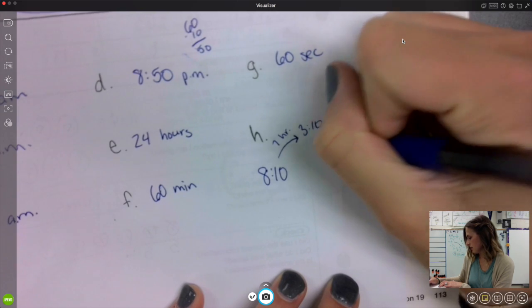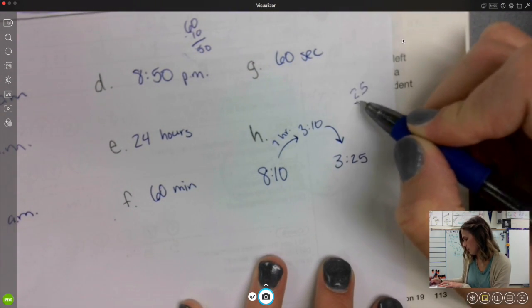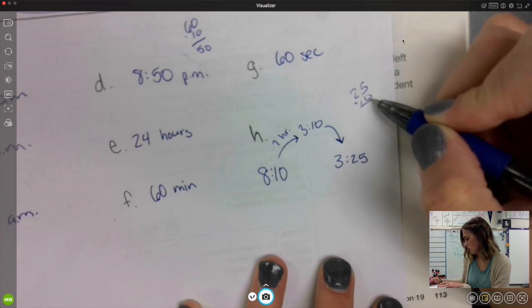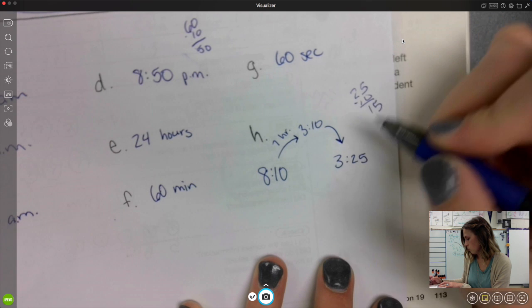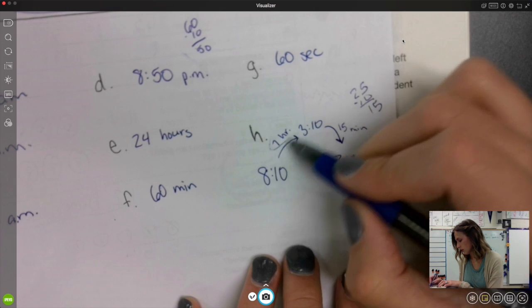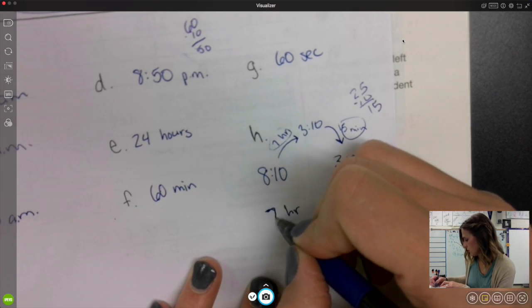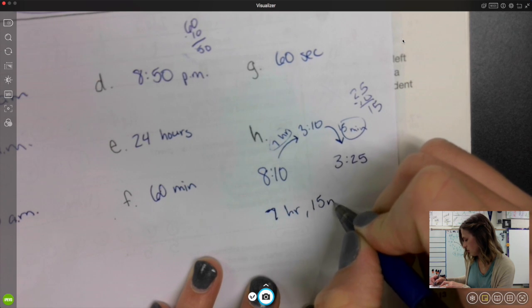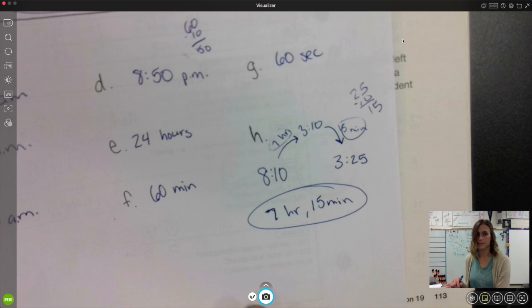And then how many minutes is it from 3:10 to 3:25? Well, if I do 25 minus 10, 5 minus 0 is 5. 2 minus 1 is 1. So that would be 15 minutes. So altogether it took 7 hours, 15 minutes. All right. Excellent.